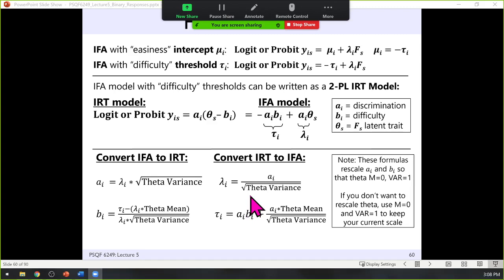So A is the same thing as loading. And theta mean is fixed to 0. And theta variance is 1. And so the second term drops in here, and the threshold is just A times B. So what's going to happen is that Mplus is going to estimate loadings and thresholds and then turn them into A's and B's for us.